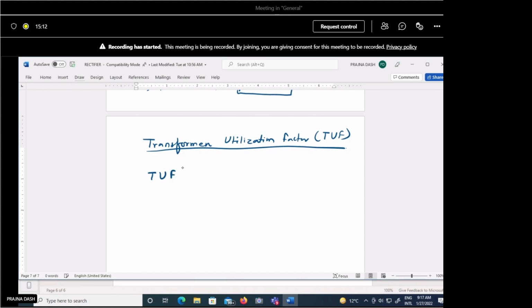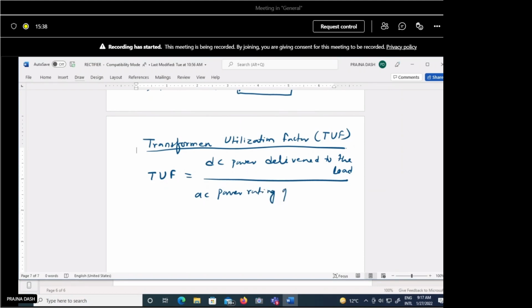This TUF, with reference to the secondary winding, is the DC power delivered to the load divided by the AC power rating of the transformer secondary winding.